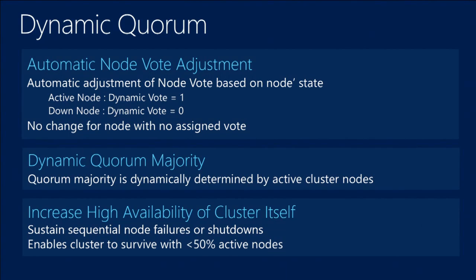So now, in my 8-node cluster example, if I lose 3 nodes and we are down to 5 nodes, the cluster has removed the 3 nodes' votes, and my total number of votes shrank to 5 without user configuration, and the majority became 3. Now the cluster can sustain 2 more nodes going down. This is the new scenario where the cluster can survive with less than 50% of the nodes that you initially configured.